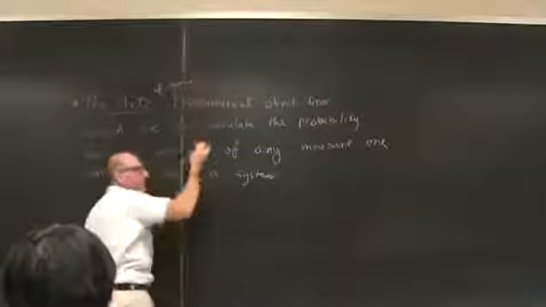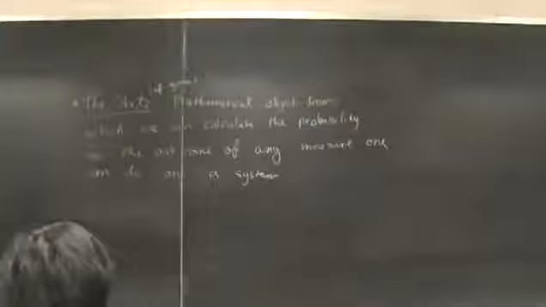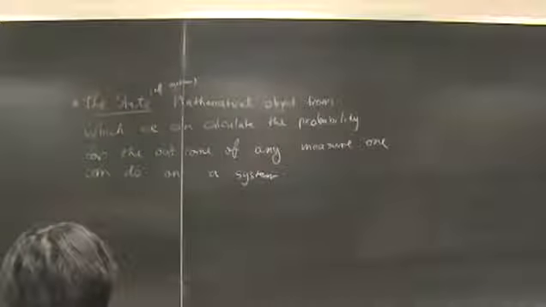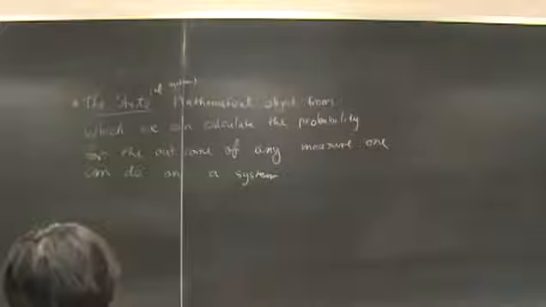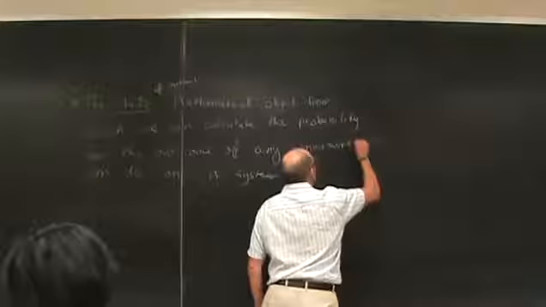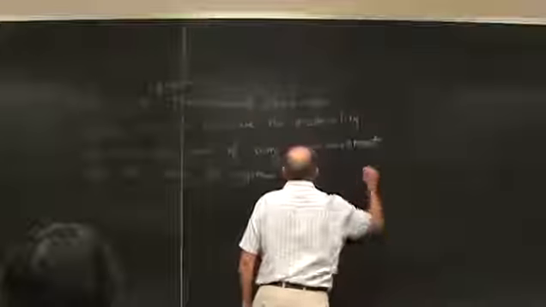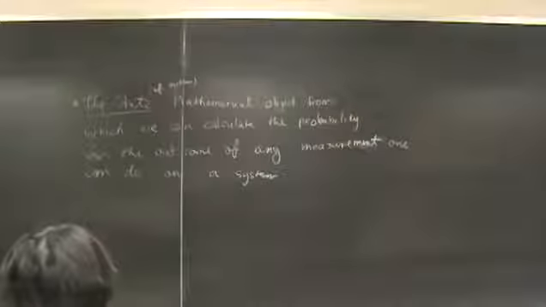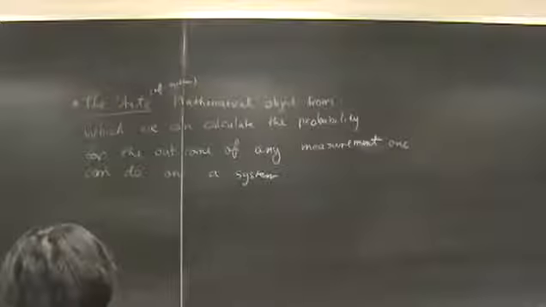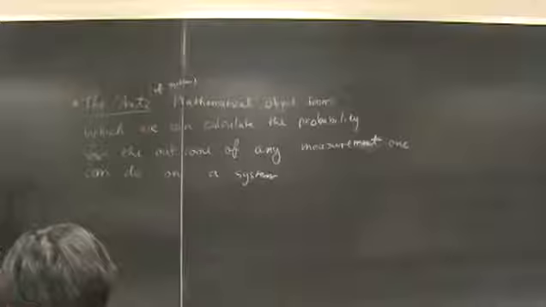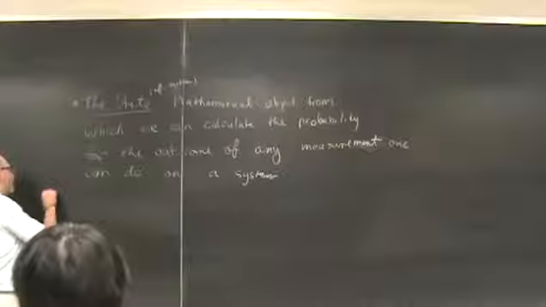So there's some physical thing we're calling the system, and to it we assign a state. State's a mathematical object, and we use it to calculate the probability for any measurement one can do. Okay. Now, there's a particular subclass of states which you may or may not have heard about before, which I'm going to call pure states.